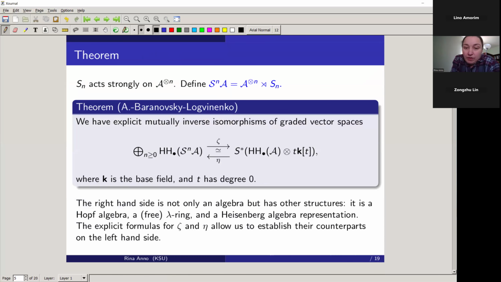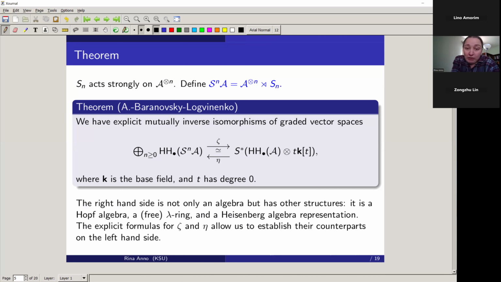So here's our theorem. If we have a small G-category, then we have two inverse isomorphisms like this. Why do we care? The explicit nature of our isomorphisms allows us to pull a number of structures from the right-hand side to the left-hand side. The right-hand side is a symmetric algebra over a, admittedly big, but still a vector space.